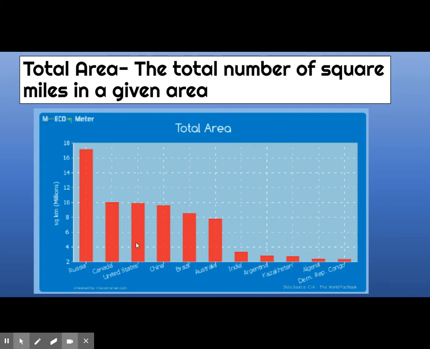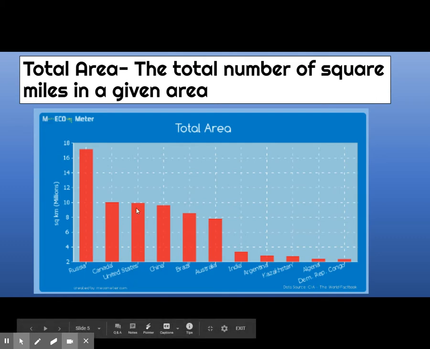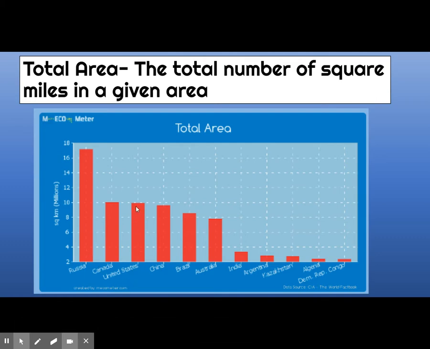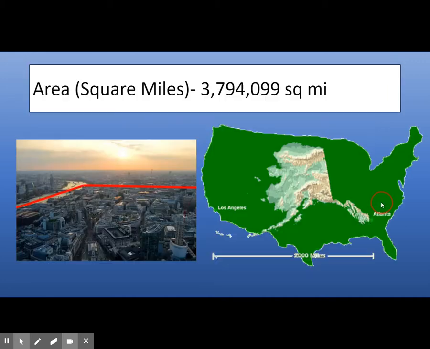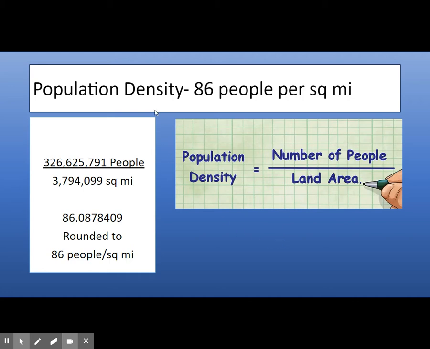If you look here at Russia, you have about 17 people that live in a square mile. In the United States, we have about 10 people per square mile. And you can see how much a square mile is here. So 86 people per square mile.